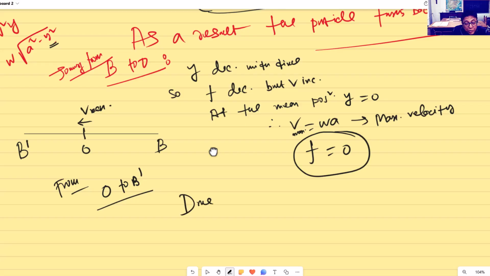Due to inertia of motion, the particle continues its motion.